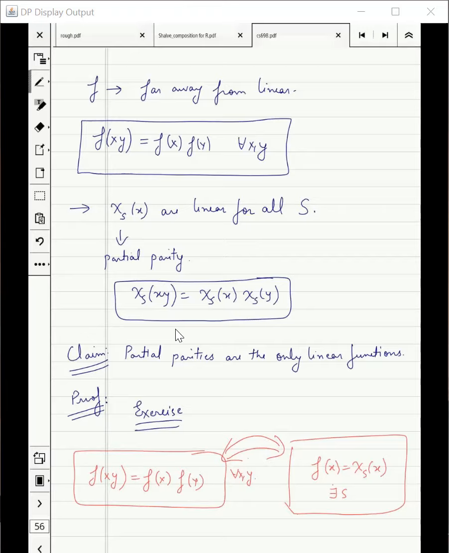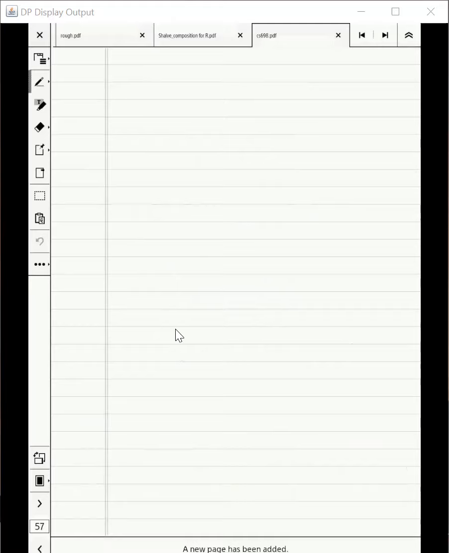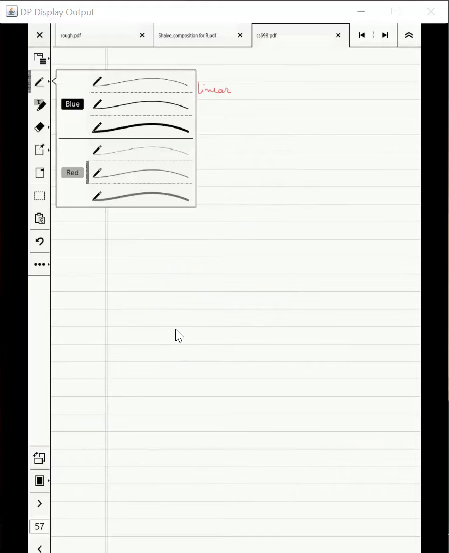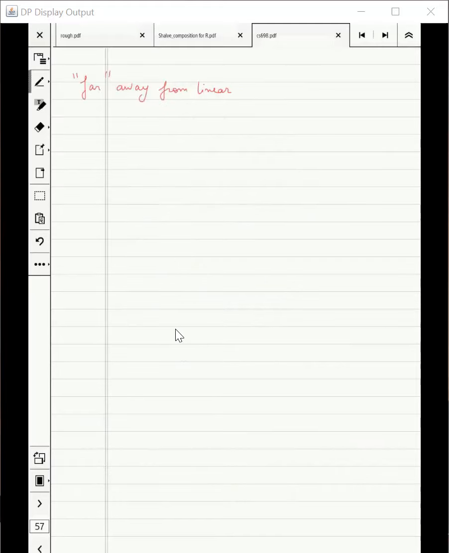And now we want to define what it means to be far away from linear. You want to take a guess? What would be far away from linear? How should far away from linear be defined?